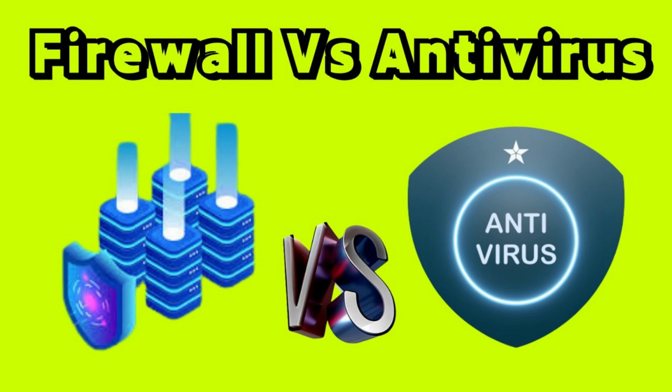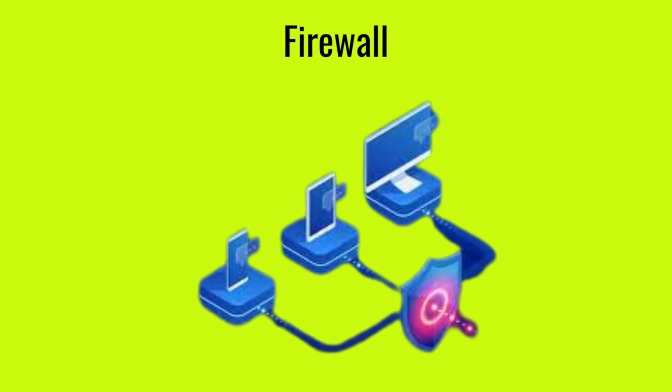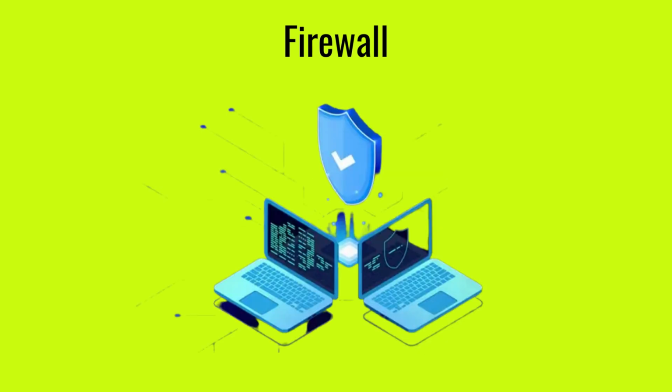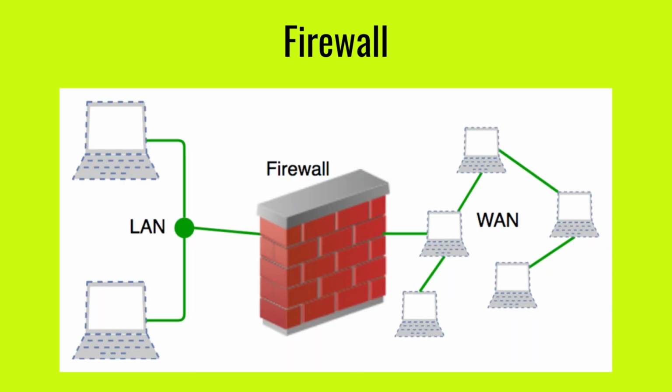In this video, I will tell you about the difference between firewall and antivirus and why it is needed. Which is right for you? Firewall and antivirus are mechanisms to provide security to our systems.